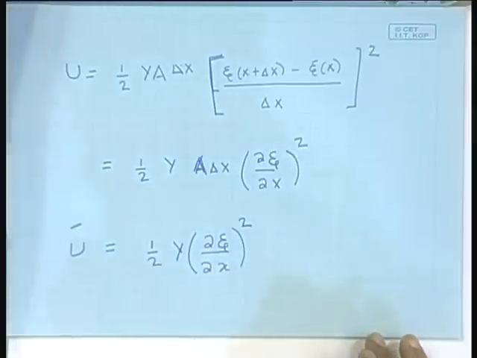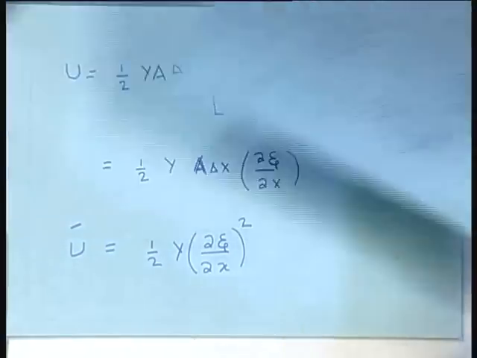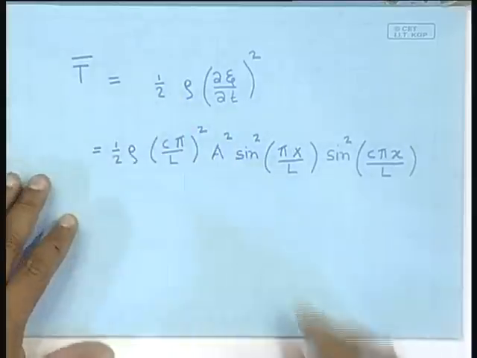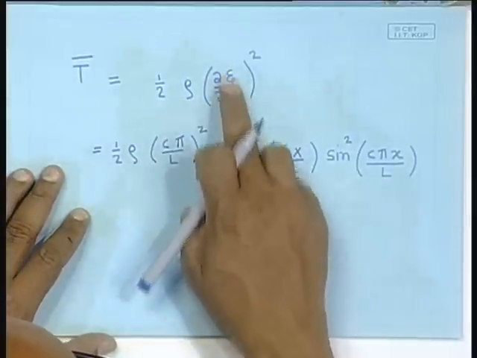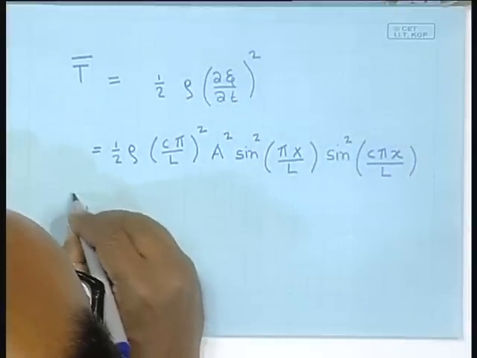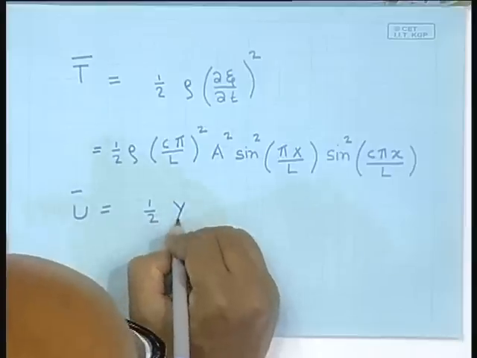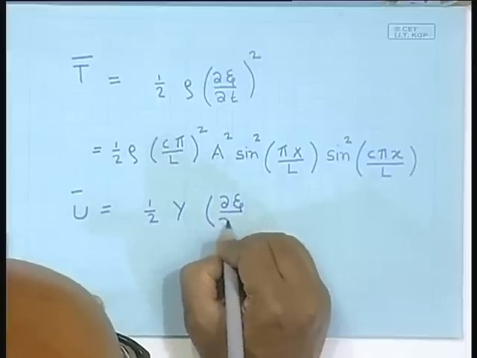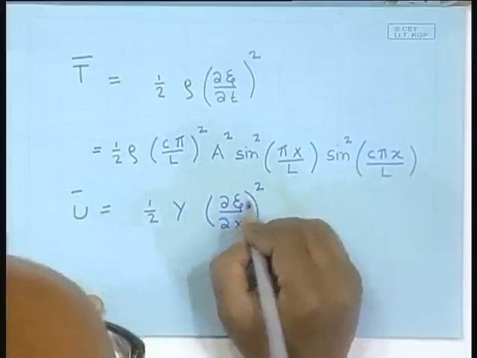So we have calculated the kinetic energy per unit volume, which is half rho (del xi/del t) whole square. We have also calculated the potential energy per unit volume, which is half Y (del xi/del x) squared.